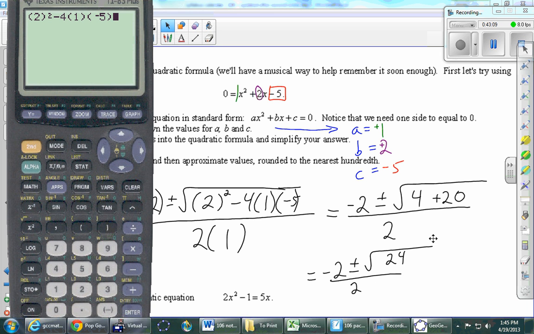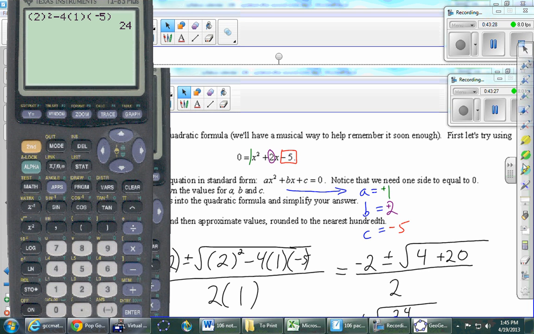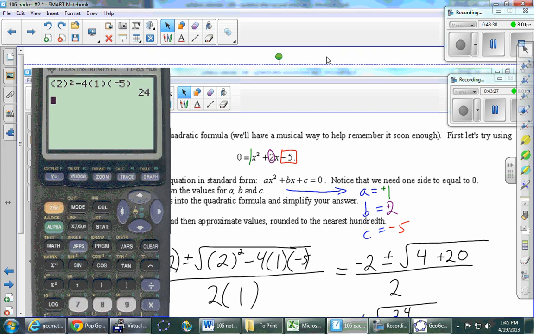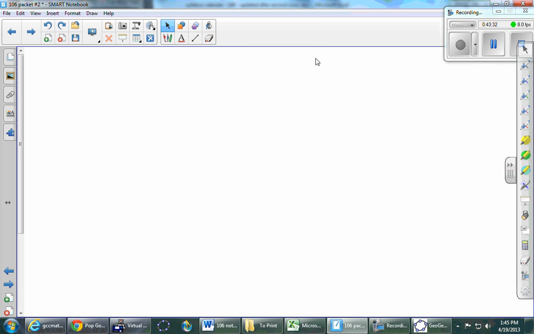So that should give me the same 24 that we got here. I would not do any more pieces to this problem than that. I would not try to type the entire thing in one fell swoop. It's possible to do correctly. It's more likely to do incorrectly. So that's how I would do it there. I did not mean to type that. So, okay, let's undo that.